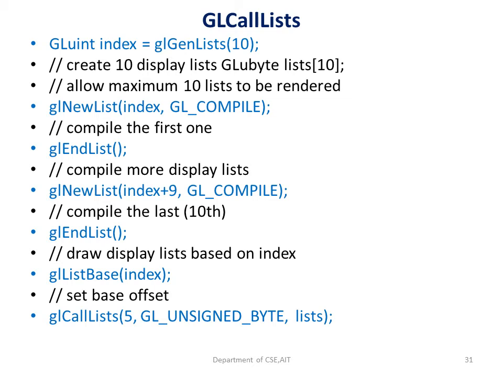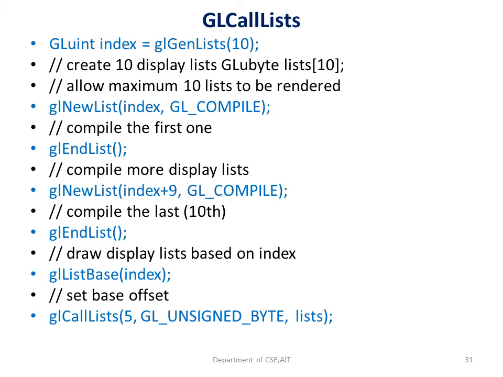Suppose I want to compile another display list, I can specify that using glNewList with index plus 9. That means I want to compile the last display list, because index plus 9 will be the last one. So GL_COMPILE, and this will be enclosed between glNewList and glEndList.